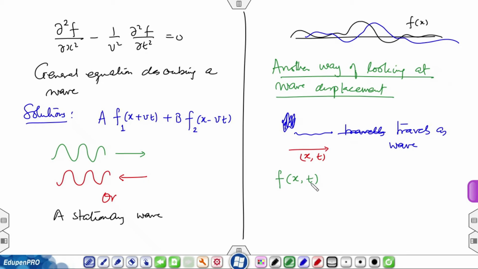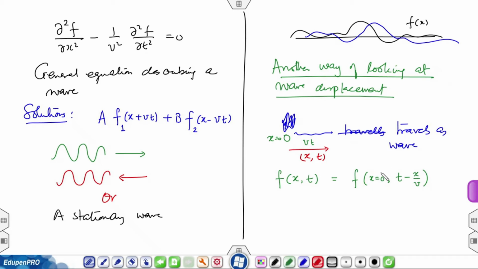Since the wave has traveled by a distance v t in this time, this displacement is going to be, suppose the original point is x equals 0, what the displacement was at x equals 0 at time t minus x by v, because it took that much time for it to travel, provided it is traveling undistorted.